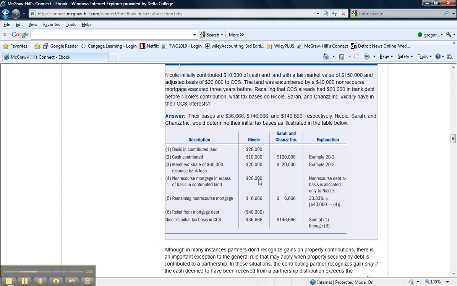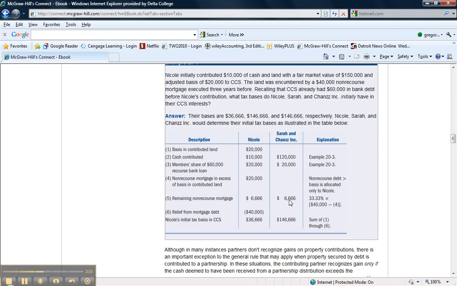So she gets $20,000 of that basis, and then because there's $40,000 in new debt basis to the partnership now, that has to be allocated. She gets $20,000 of it, and then the other $20,000. Remember, there's two of these numbers in here because there's two partners. The other $20,000 of that basis gets split between the three of them according to their profit sharing percentages.